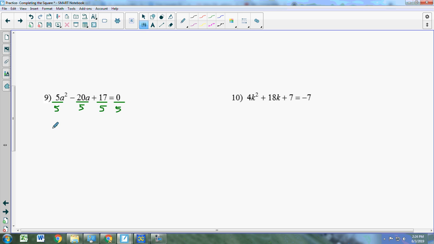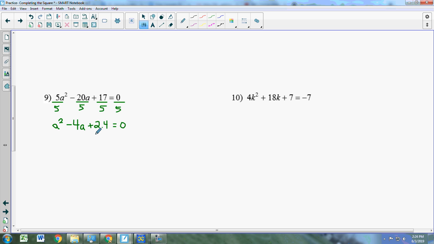All right, so we will get now a squared minus 4a plus 2.4, I believe, equals 0.